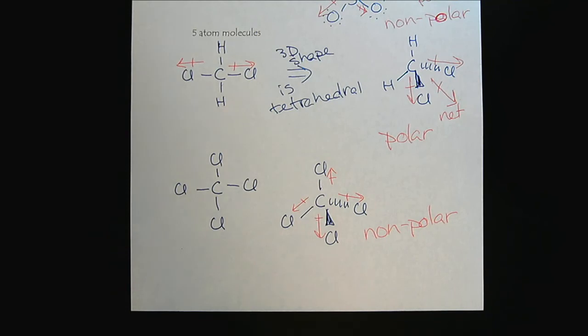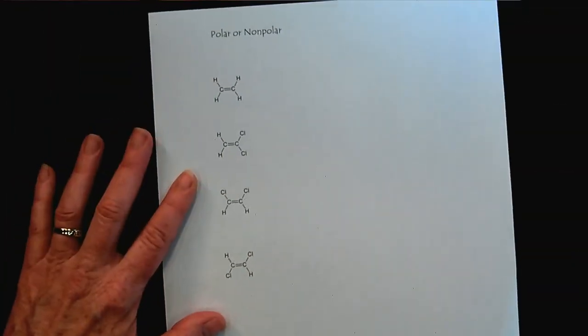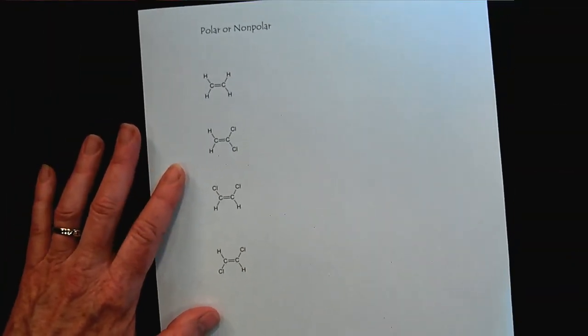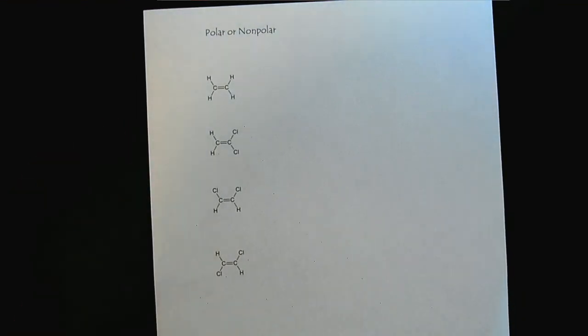Alrighty, so now let's do a little bit of practice to see how you're doing here. So here are 4 practice molecules for you to make predictions about the polarity. So this first molecule here, right? All carbons and hydrogens.